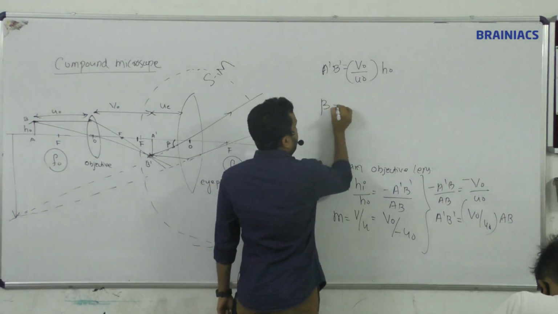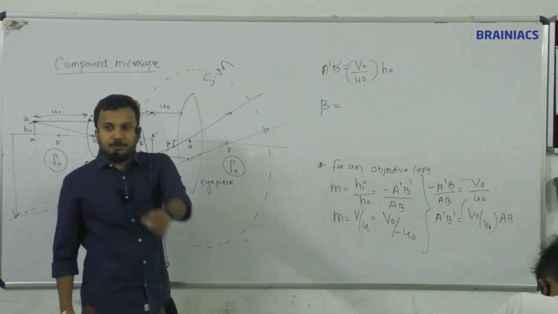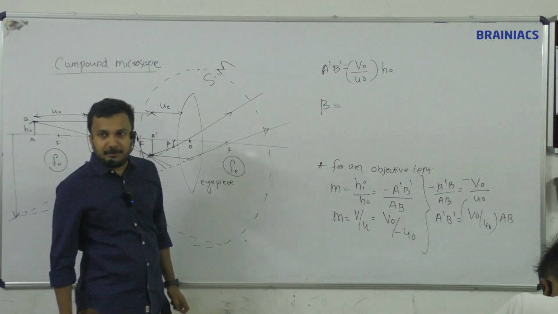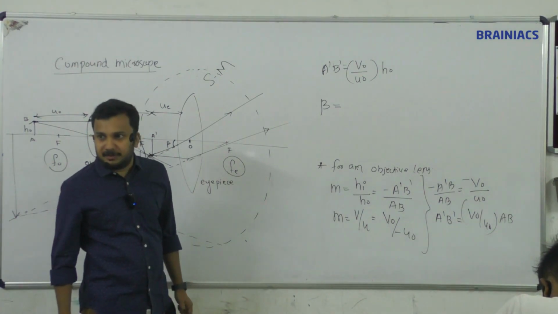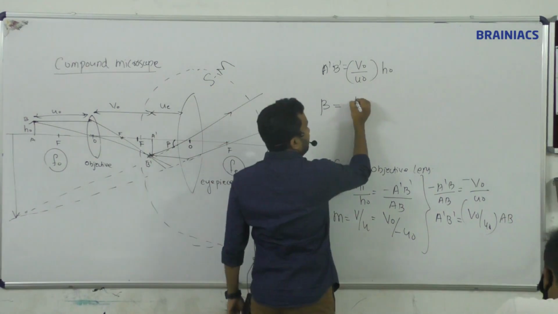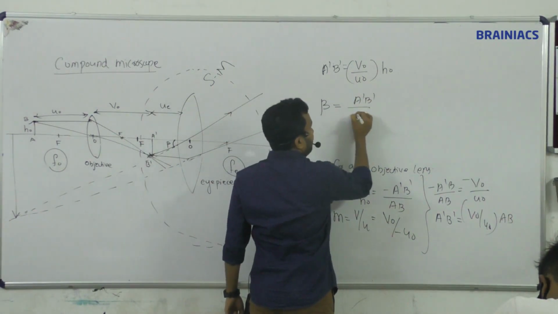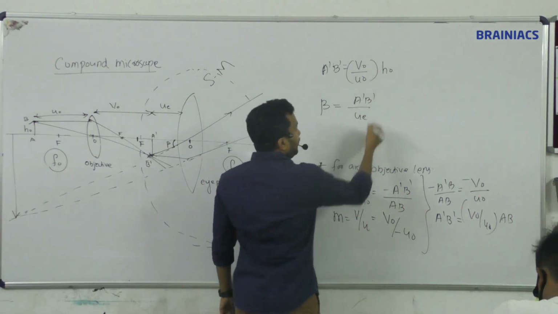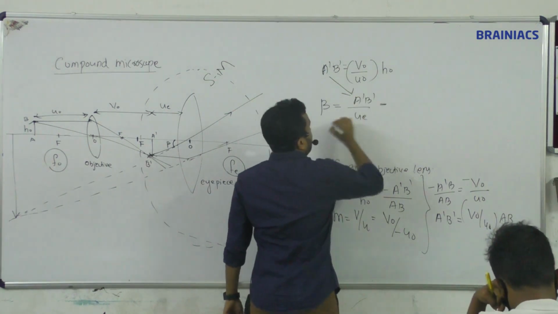Now I am going back to beta. What is beta? We already written A dash B dash divided by UE. Correct? We will substitute A dash B dash divided by UE. Already we know. Here we will substitute this. So what will we get?